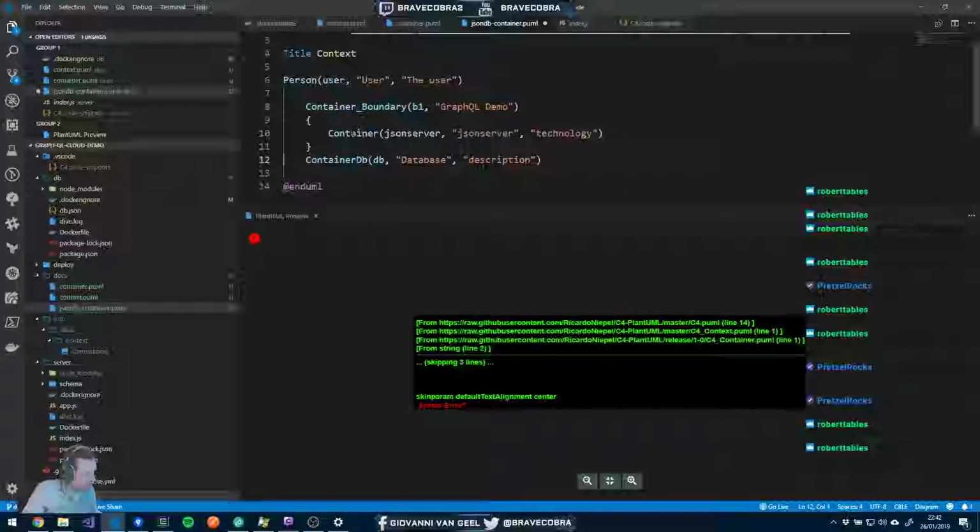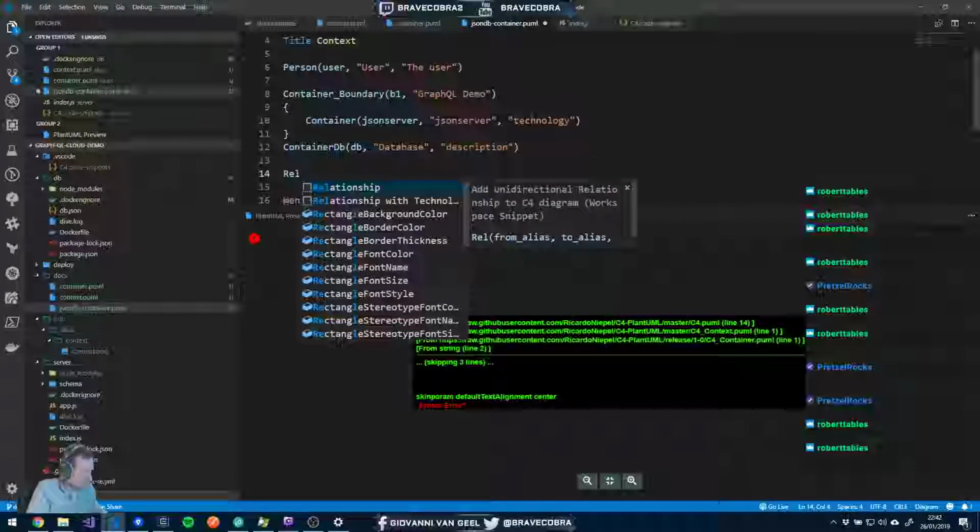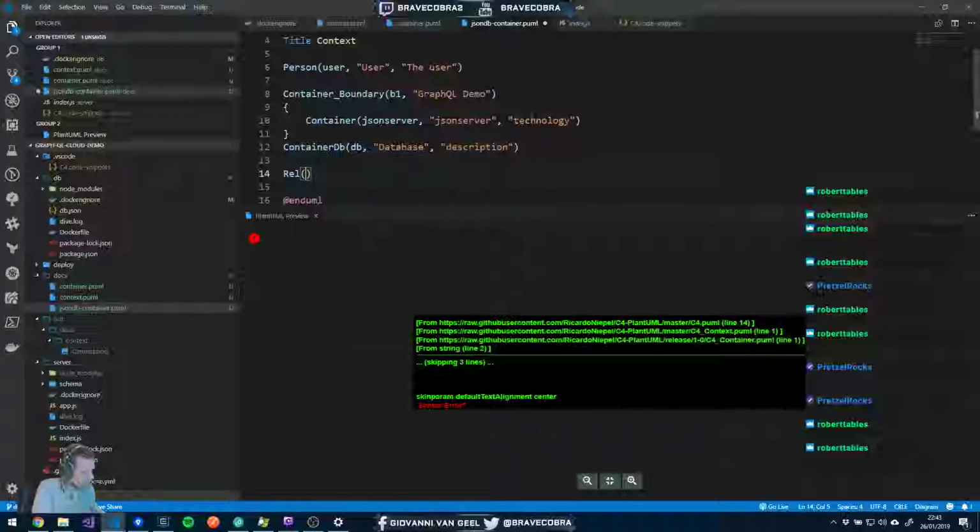We get the container boundary, which is going to be the server. You still have the person calling it, and the relationship between them is that the user is going to be calling the JSON server. And the JSON server is just going to the database.